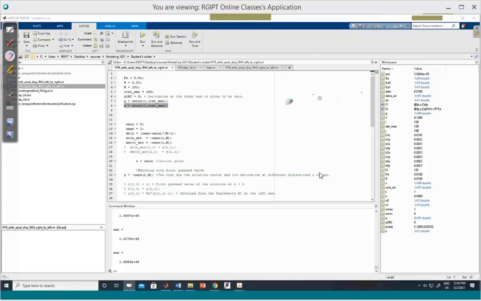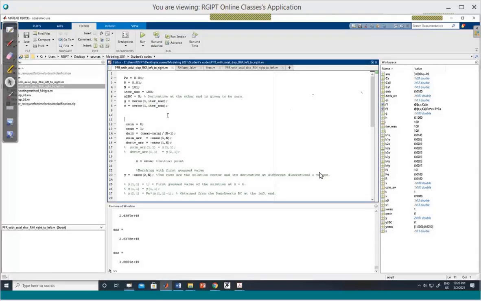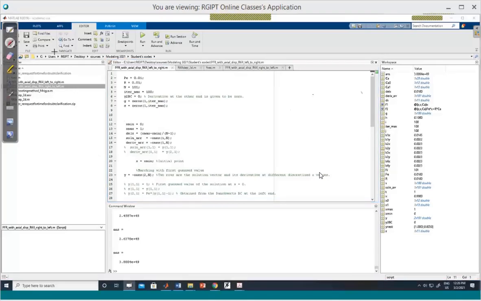So this is my script file. These are essentially some of the definitions in the beginning. That is the Peclet number, R. These numbers I have fixed.